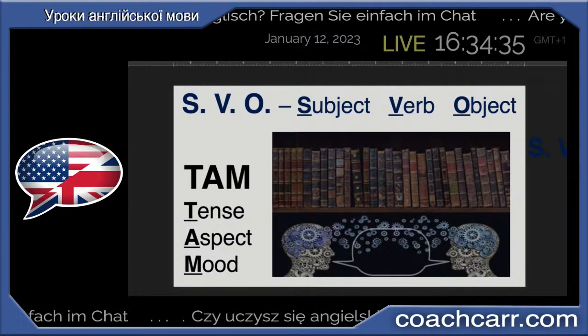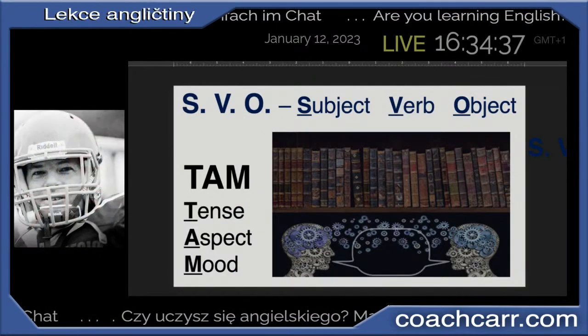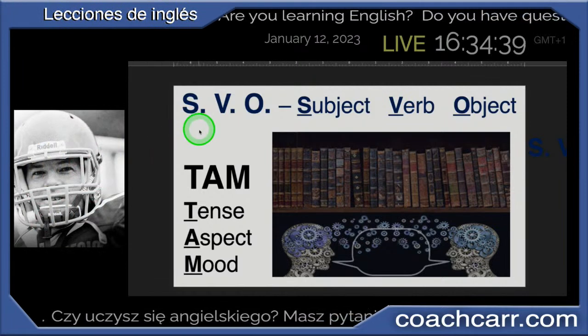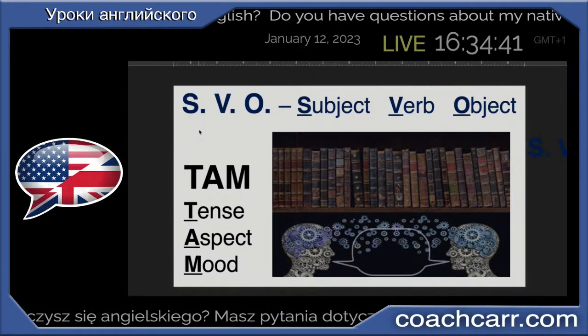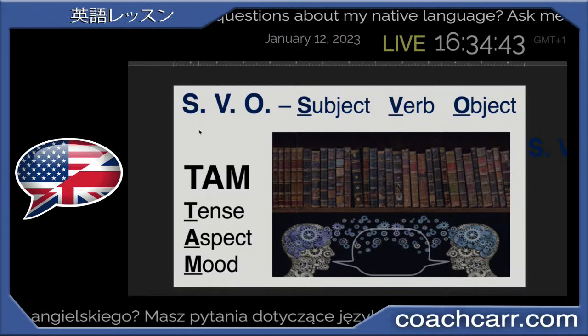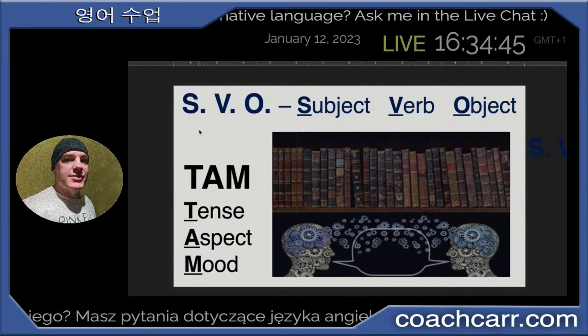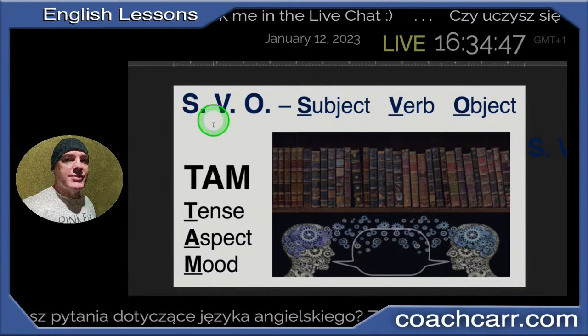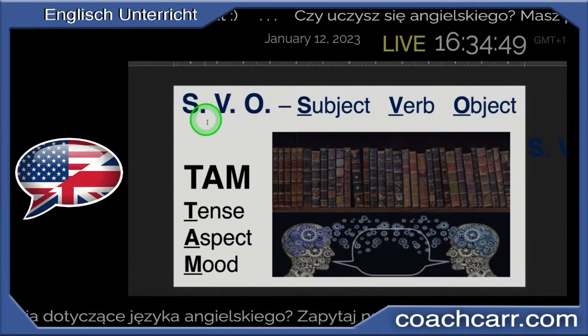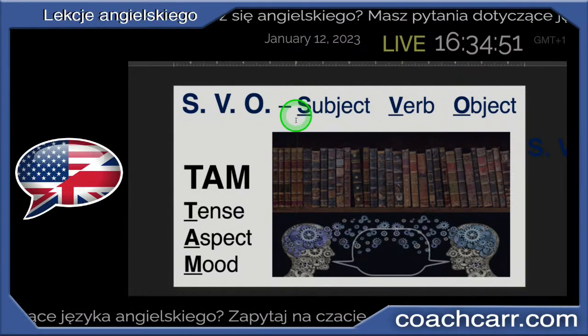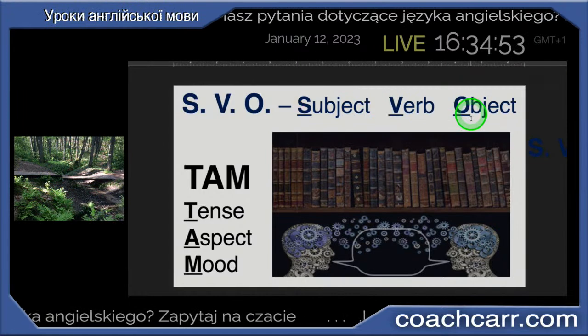Okay, English and many other languages have a typical sentence structure that is something like this: subject, verb, object.